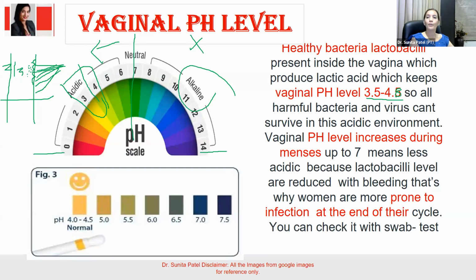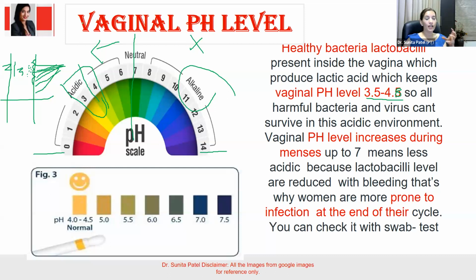Healthy bacteria, lactobacilli, can grow in this 3.5 to 4.5, and unhealthy bacteria can't. That's why we require this safe environment where healthy bacteria can grow. So 3.5 to 4.5 is the right pH level for our vagina.